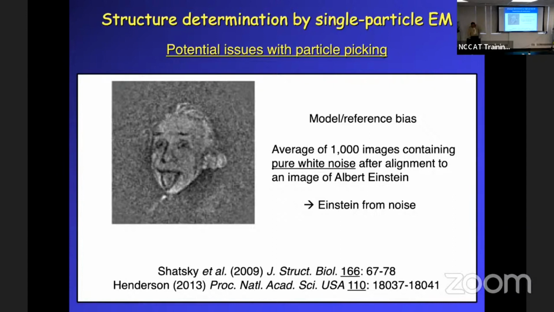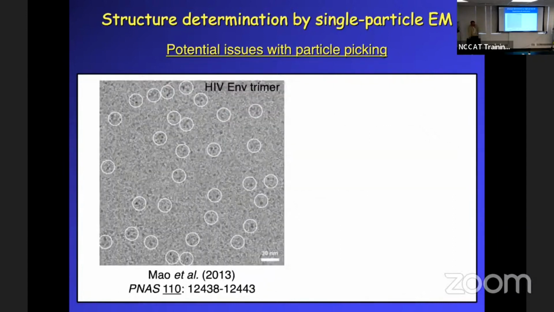And this has been a problem not too long ago, actually about 10 years ago now, where the structure of the HIV envelope protein came out. And it was really a major splash, because in 2013, before direct detectors and all this, they went around showing the structure at 2.3 angstrom, something crazy like this, with a side entry holder that was moving like crazy, no motion correction.